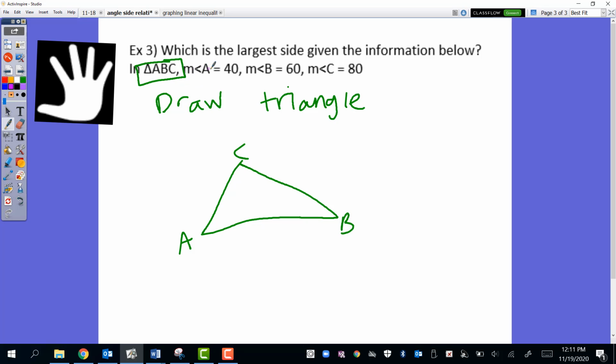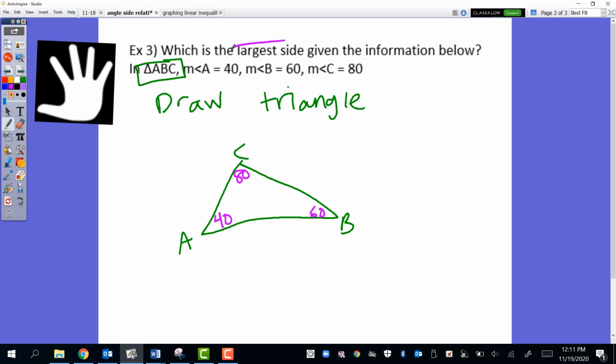They said the measure of angle A is 40, the measure of angle B is 60, the measure of angle C is 80. Those are all angles, so I put the numbers for the angles in the corners that they go in. So A was 40, angle B was 60, and angle C was 80.